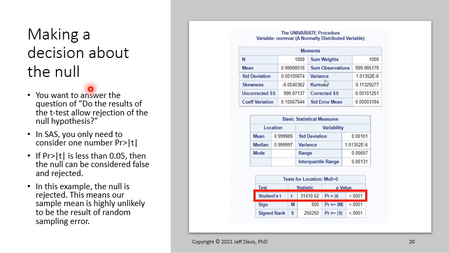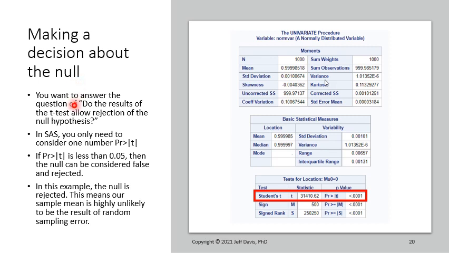Some people would say accept the alternative hypothesis instead of reject the null, but I don't like saying that because it's not the alternative hypothesis that's being tested. It's only the null hypothesis that's being tested.